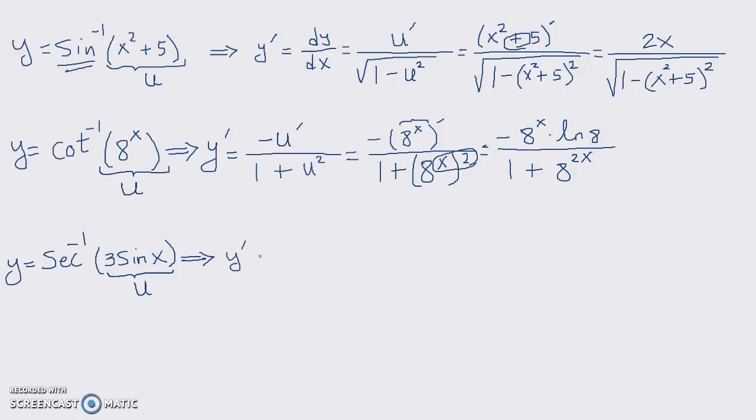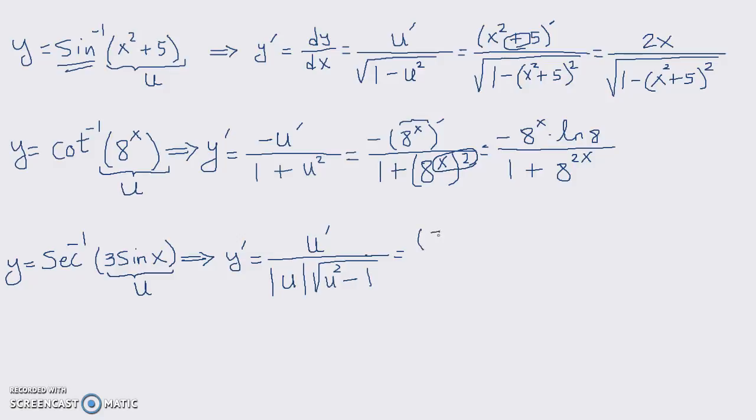So then y prime, or the derivative of y with respect to x, is, first I'm going to set it up. The formula says in the numerator we have the derivative of u with respect to x. In the denominator we have the absolute value of u multiplied by square root of u squared minus 1. Now that we know this part and we know what u is, the rest is by substitution.